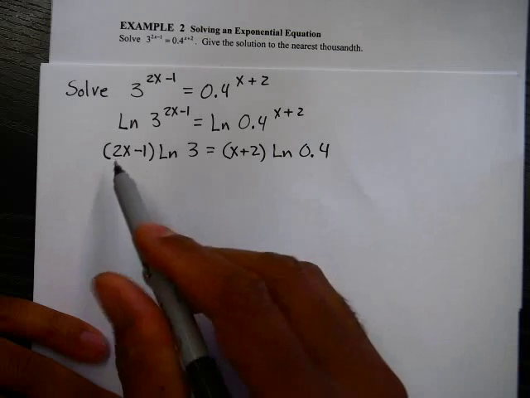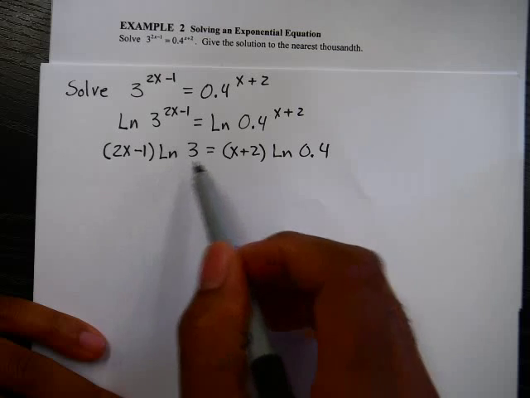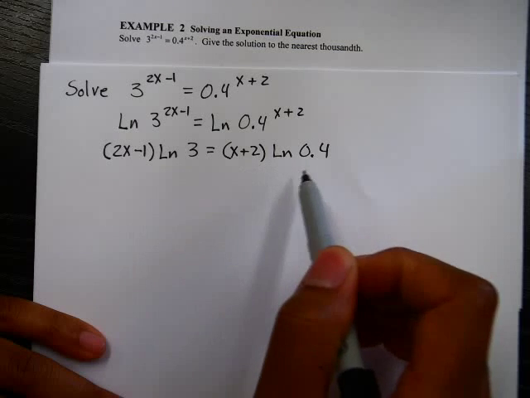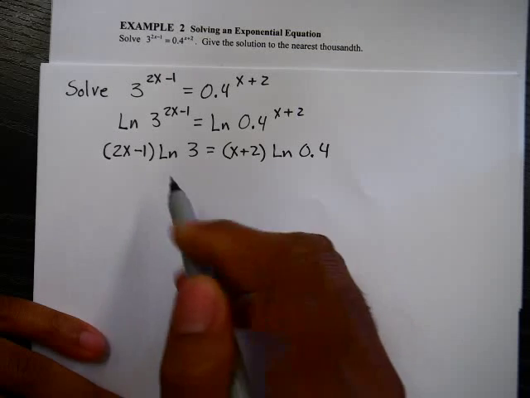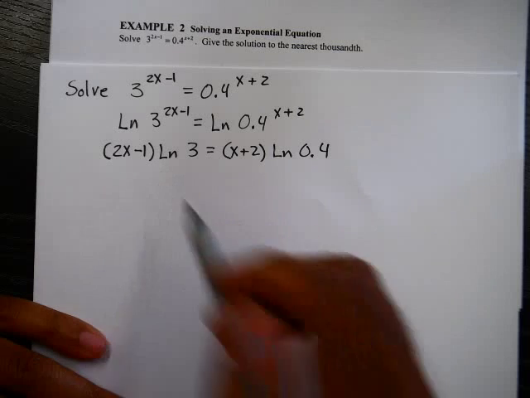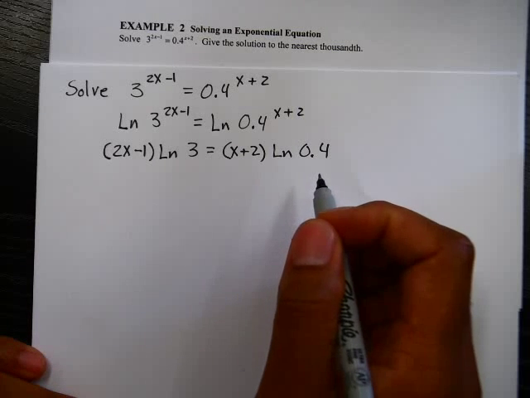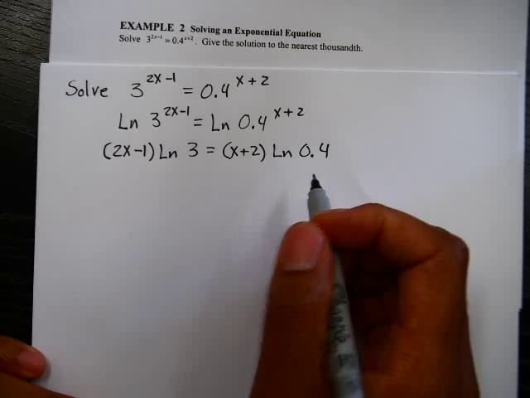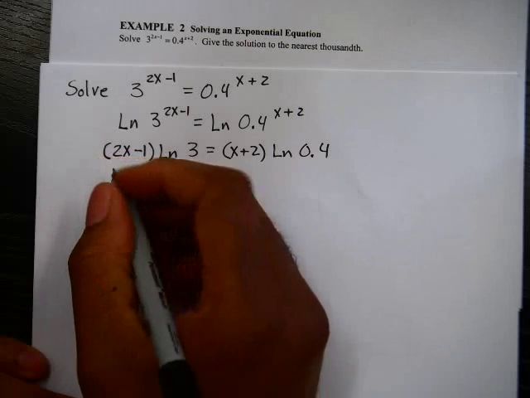So if I have 2x minus 1 times the ln of 3 equals x plus 2 times the ln of 0.4, what I'm going to do here is use the distributive property. I have to get rid of those parentheses.